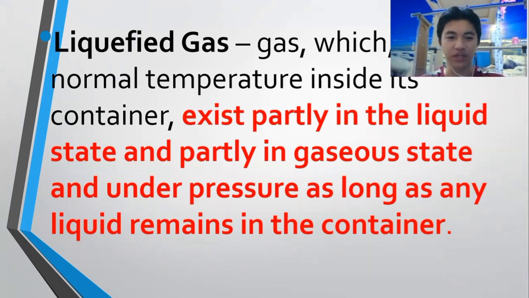That is the liquefied gas. It appears that it is a liquid, and it is a liquid inside. But once it moves out of its container, it becomes dry because the gaseous state, or the vapor, rises up, mixes with air and dissipates.